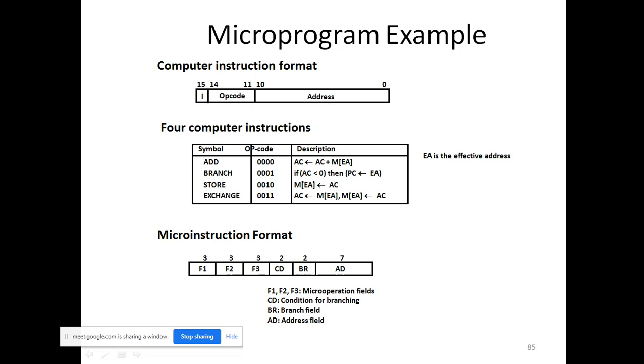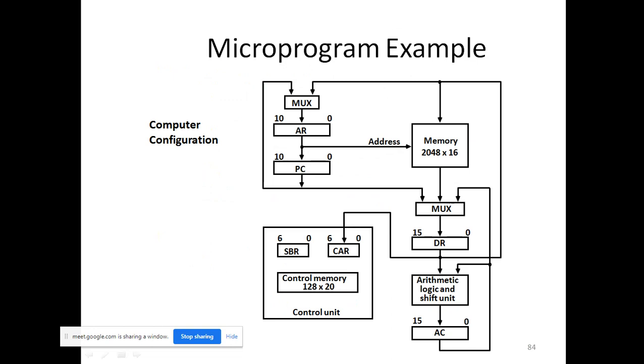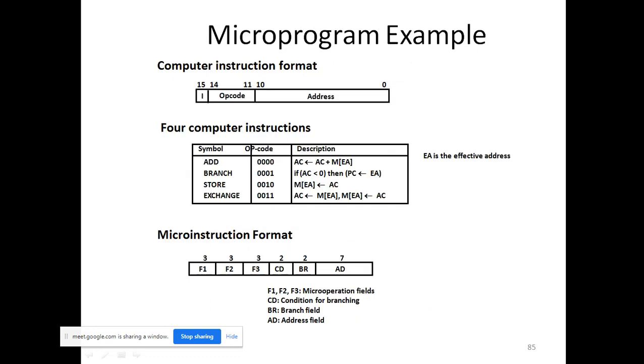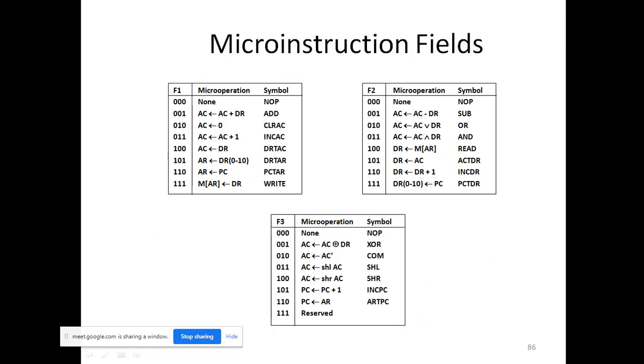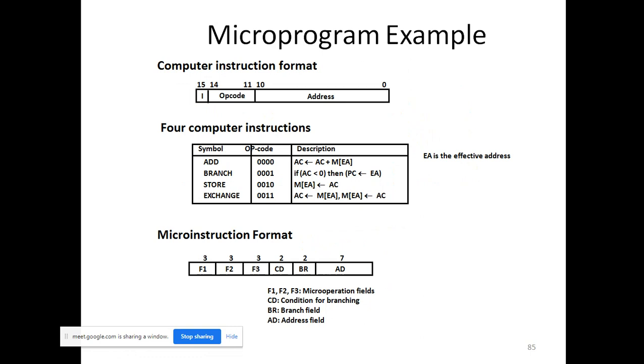Coming to the micro instruction format. The computer instruction format is different and the micro instruction format is different. Observe here: in the micro instruction format, the memory has 128 words, meaning 2 power 7. That's why 7 bits are the address. Totally how many bits? One minute.